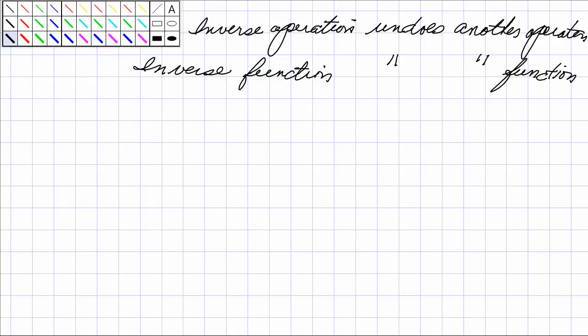For example, what do you mean by undoing a function? Well, it's slightly more complicated than undoing an operation, but not terribly.